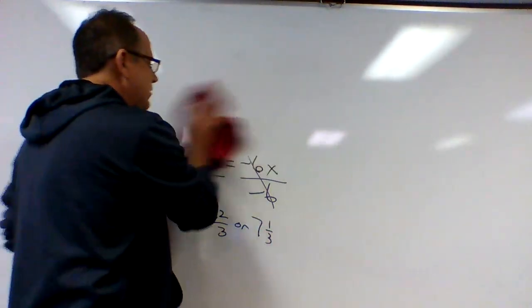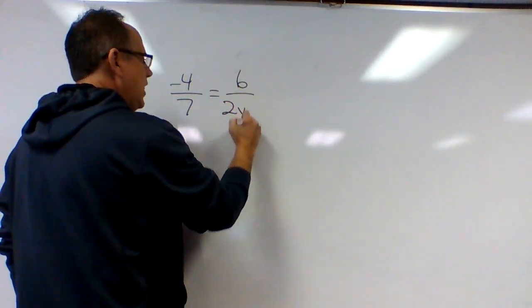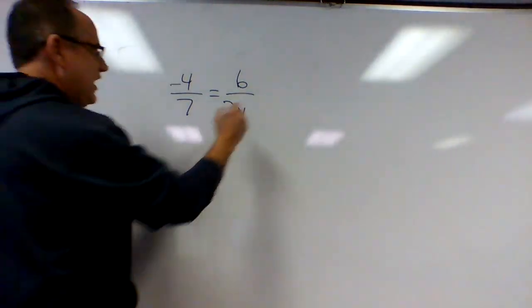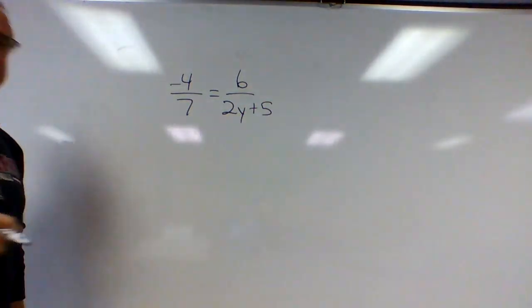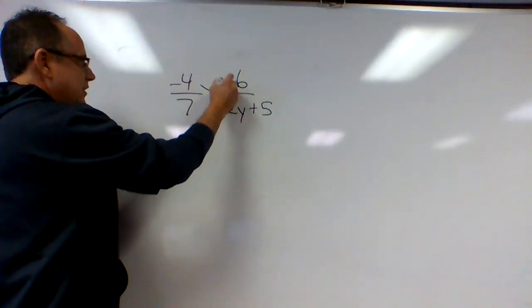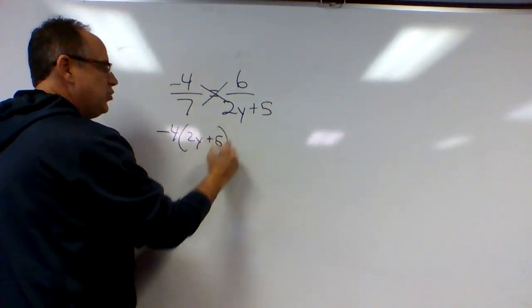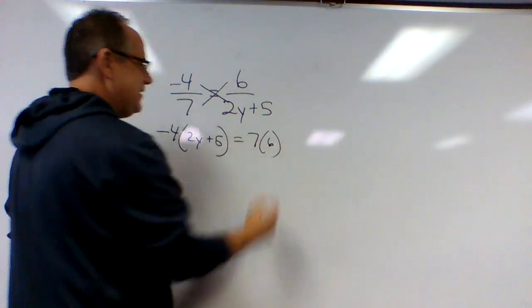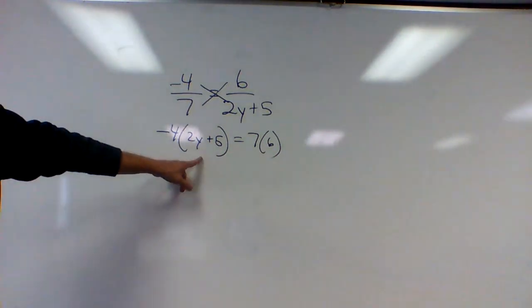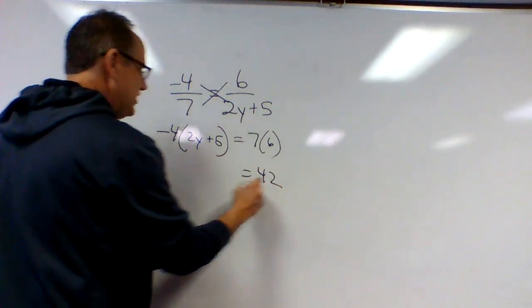Let's take a look at guided practice 3B. Negative 4 over 7 equals 6 over 2y plus 5. Now when we have a binomial in this, we need to distribute. Make sure we write it out when we have a binomial so we're not missing any steps. We could have just said 7 times 6 is 42.